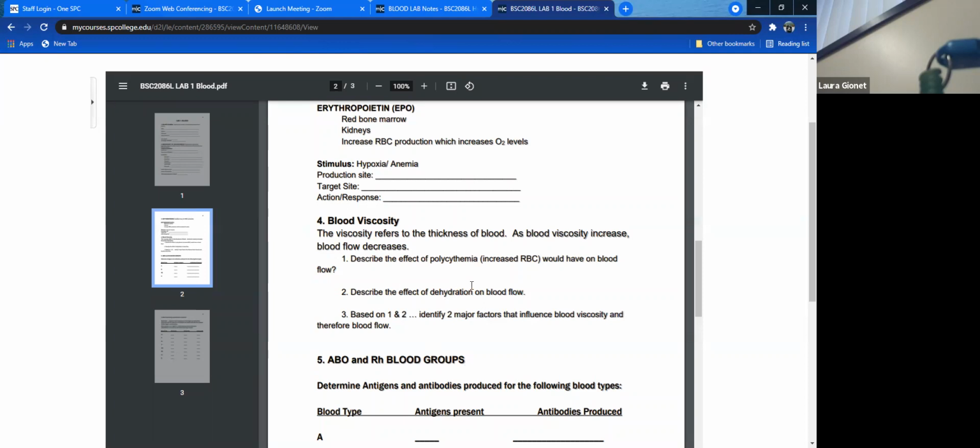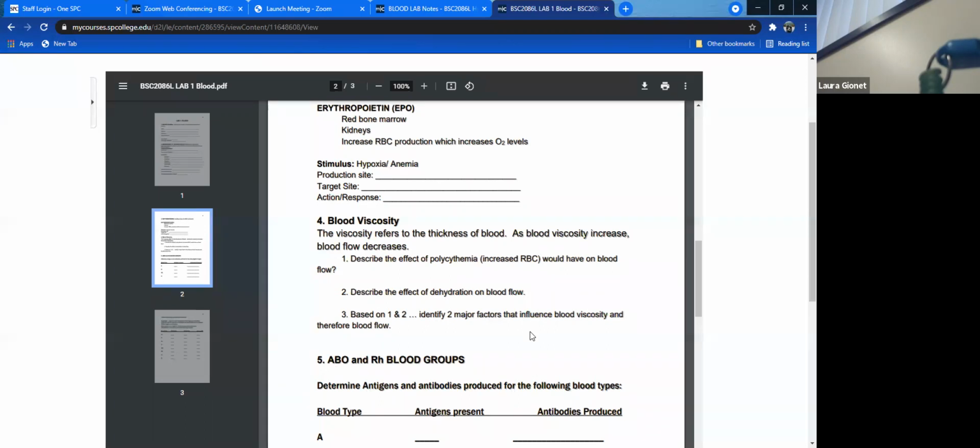Describe the effect of dehydration on blood flow. Well, it's going to decrease blood flow, right? Because we said that essentially you're trying to transport the same number of formed elements in less fluid. So decrease blood flow because the viscosity of the blood is increased. And then based on 1 and 2, identify 2 major factors that influence blood viscosity and therefore blood flow.